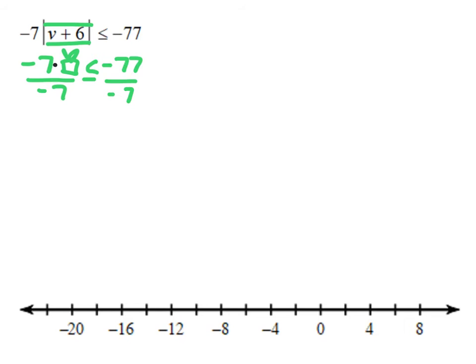However, when you divide by negative 7, that means that you have to flip the inequality. So if I were to rewrite this, the present flips to greater than or equal to 11. Again, because we're dividing by a negative, we have to change the inequality sign from less than or equal to, to greater than or equal to.